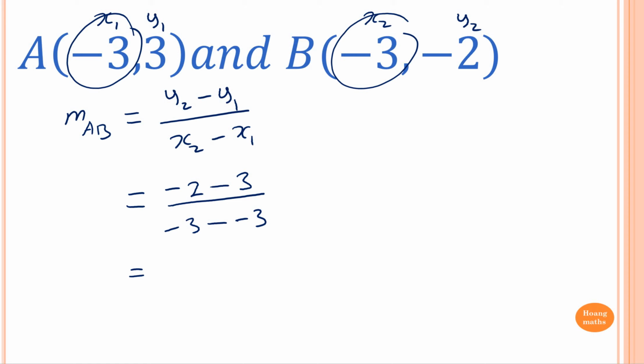So minus 2 minus 3 is minus 5. Over, otherwise just use your calculator, minus 3 plus 3, which is 0. So m of AB is minus 5 over 0. Anything divided by 0 is undefined. So therefore, the gradient of AB is infinity.